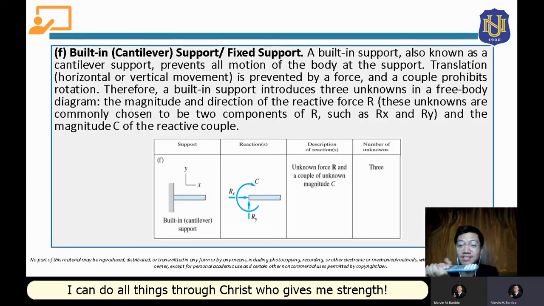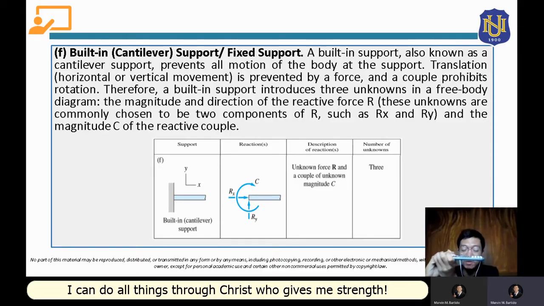Those restrictions will determine the reaction. If it is restricted, meaning to say, that support or that body will react. Let's say this body is restricted to move horizontally, since it is fixed here. That's why it will have a horizontal reaction.